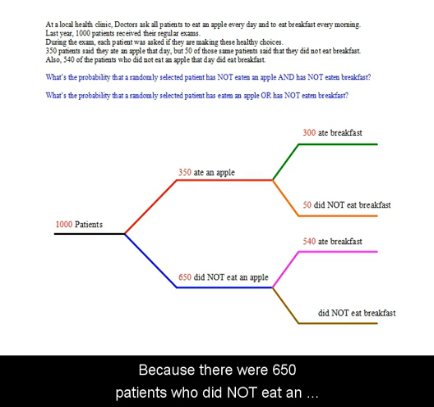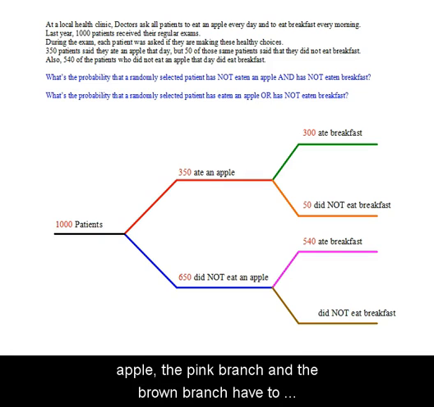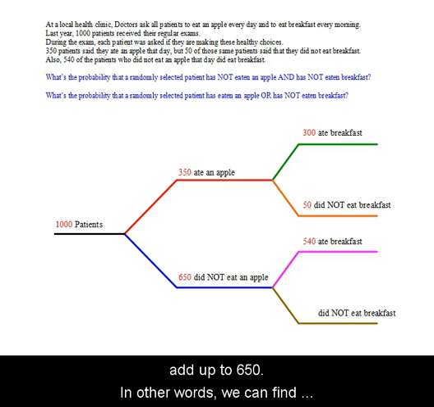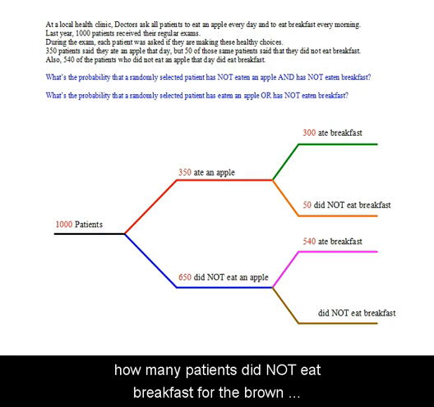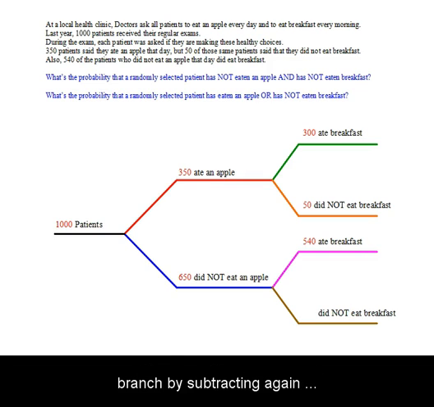Because there were 650 patients who did not eat an apple, the pink branch and the brown branch have to add up to 650. In other words, we can find how many patients did not eat breakfast for the brown branch by subtracting again. 650 minus 540 is equal to 110. So we can represent this on the brown branch.